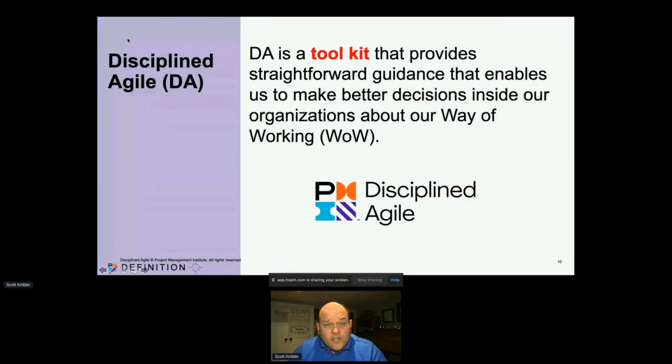Disciplined Agile is a toolkit. It's not a framework. This is an incredibly important nuance. Where frameworks tell you what to do, they provide what they believe to be best practices. DA is a toolkit. We instead indicate, here's what you need to think about. Here are some options to address those issues.